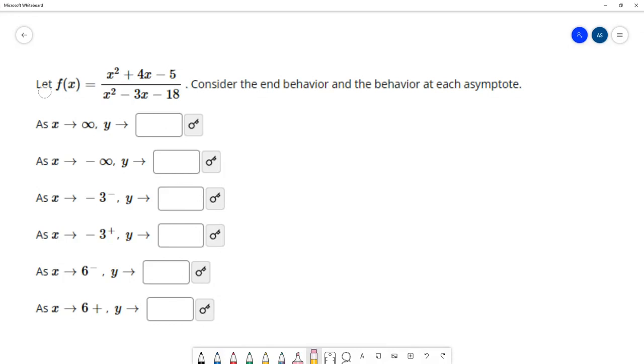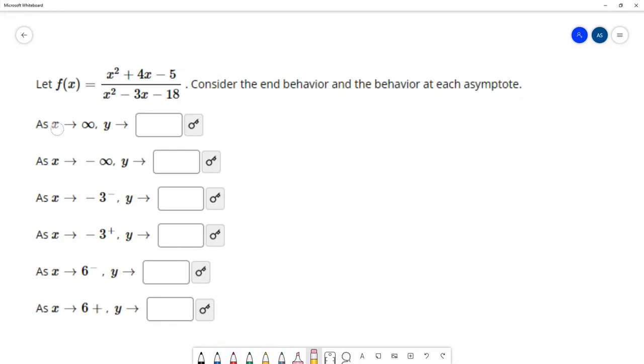For this question, we have the function f of x equals x squared plus 4x minus 5 over x squared minus 3x minus 18. This is a rational function, and we want to consider the end behavior as well as the behavior at each asymptote.